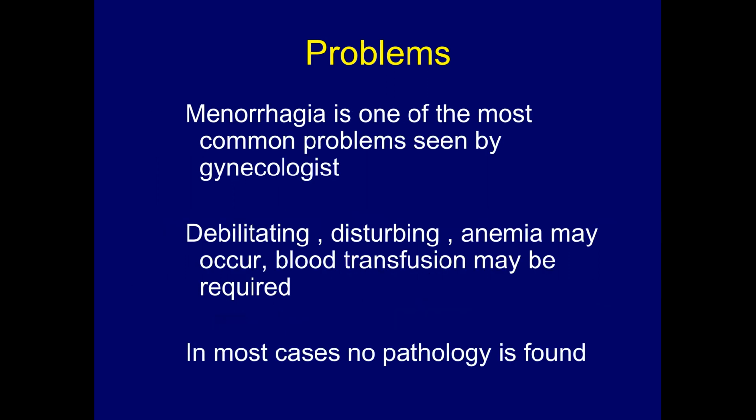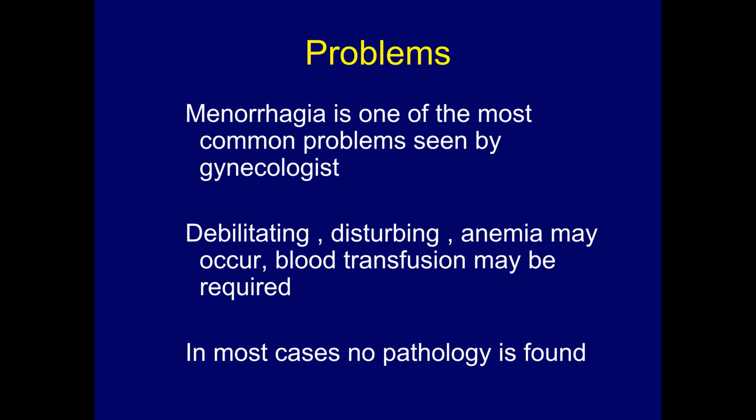Now, what's the problem? The problem is it's very common. I mean, we're seeing menorrhagia as very common. And with a common problem in the community, it leads to a lot of disruption in the schedule of people, their life quality.